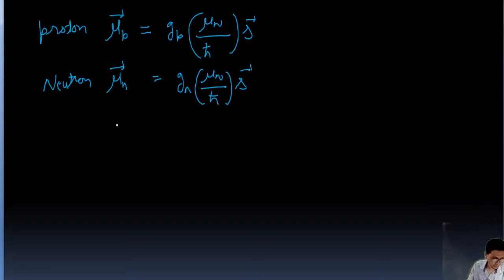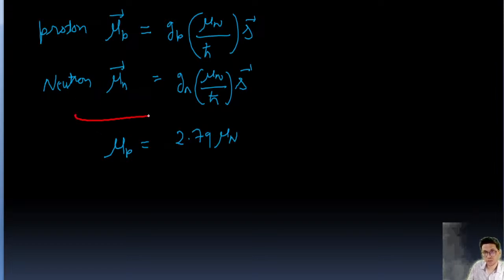These values are very important. So mu p, the magnetic moment of proton, is 2.79 mu n. Very important, you need to note down.